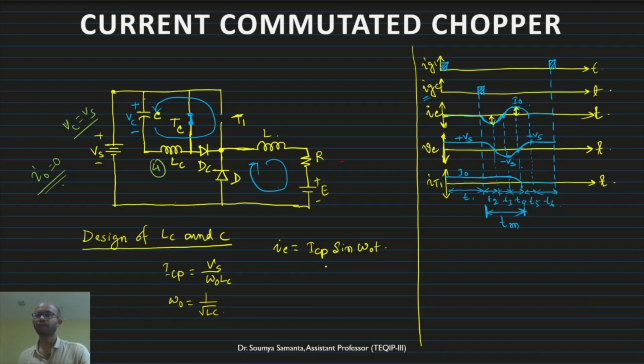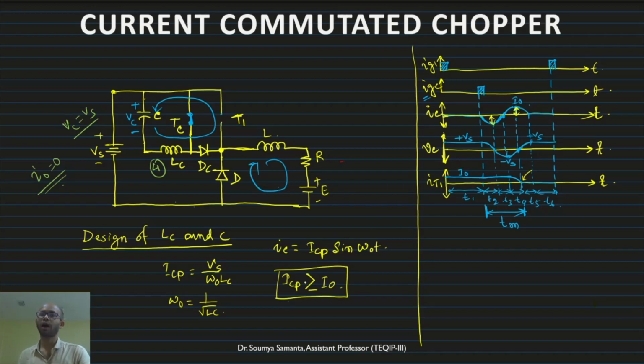Now if I establish the condition, suppose at this point the thyristor is turned off. What is the condition at which this will be turned off? That is, ICP should be greater than or equal to I naught. That is the condition for the turn off.